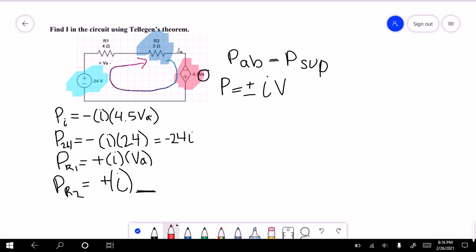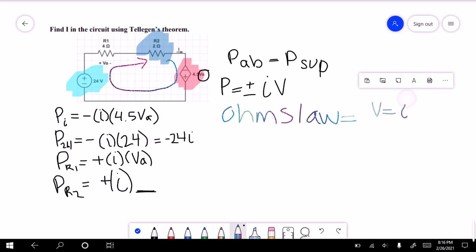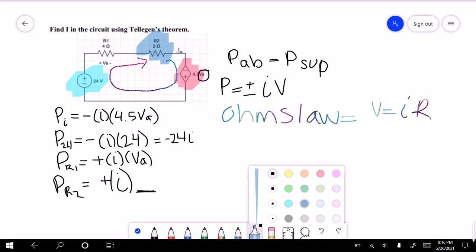But if you remember Ohm's law, V equals IR. Now, I'm going to highlight what we know about this resistor.